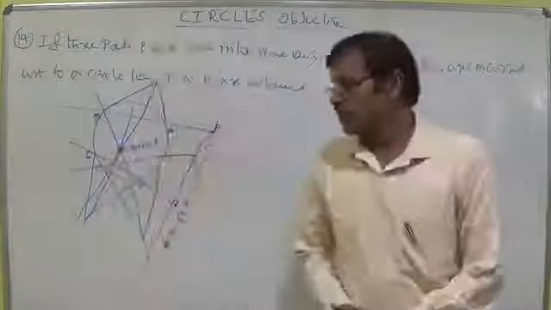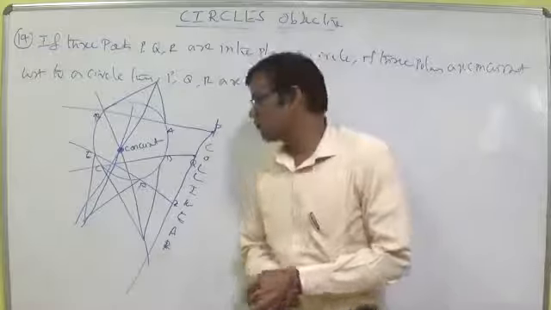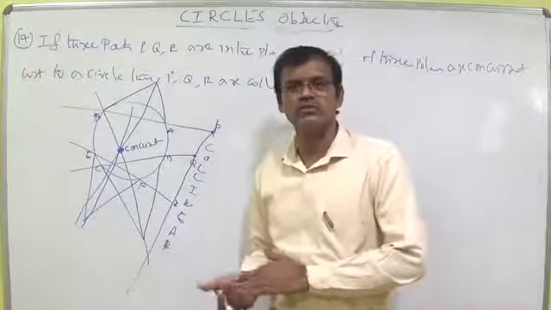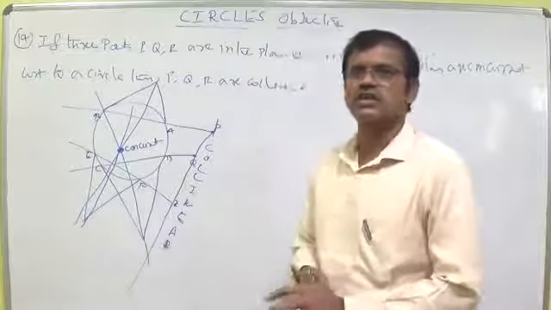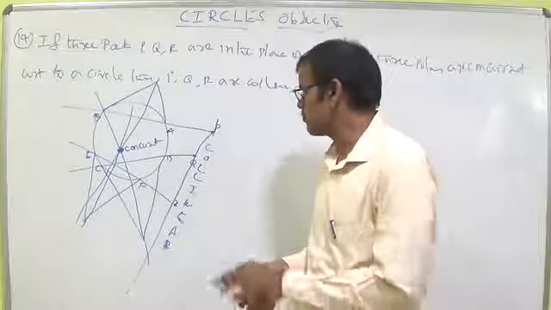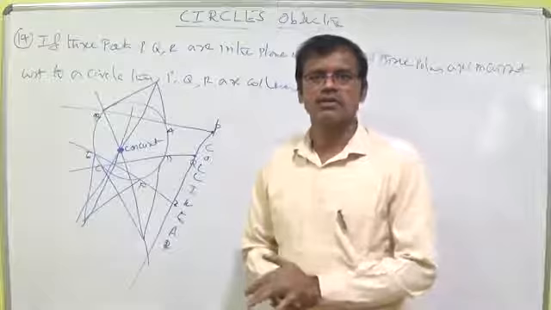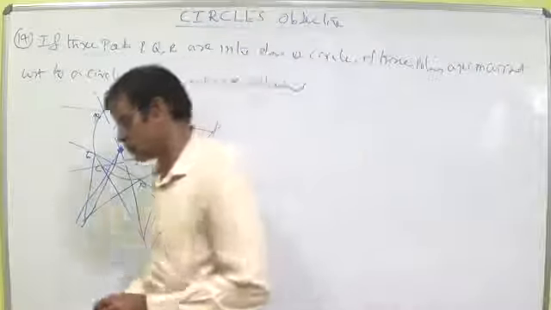Students, if we draw plenty of lines, we will be in a confusing mood. That is why we have taken only 3 lines. Whenever the 3 polars are concurrent, then P, Q, R are collinear.